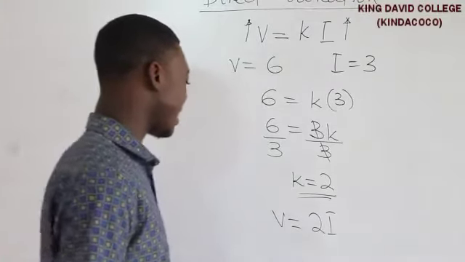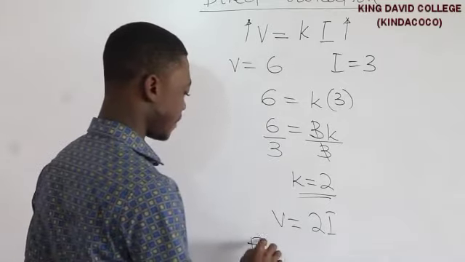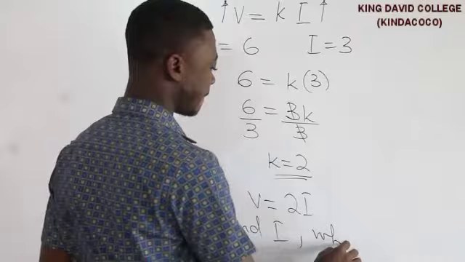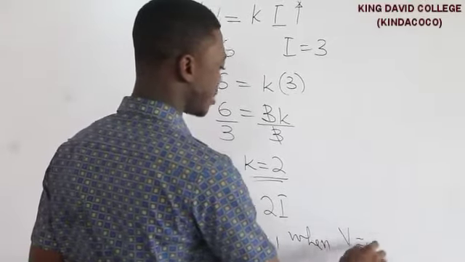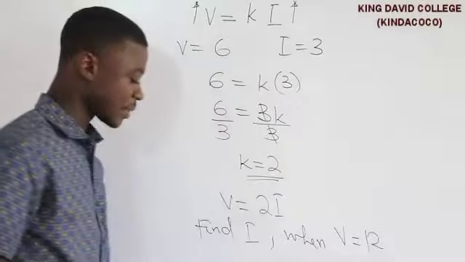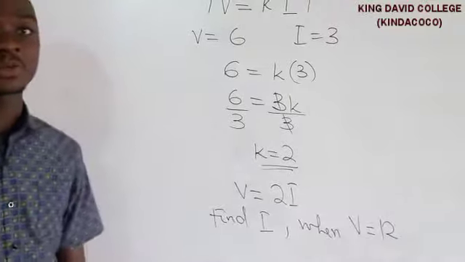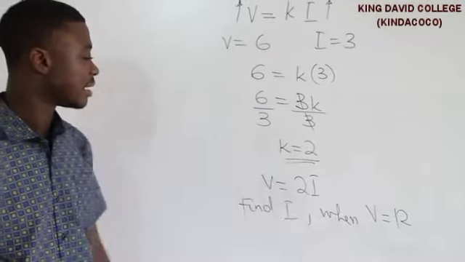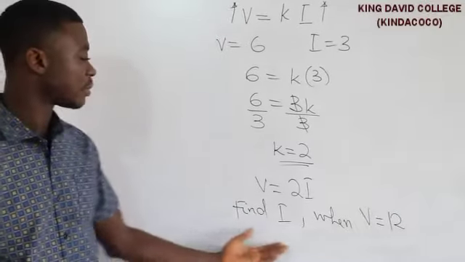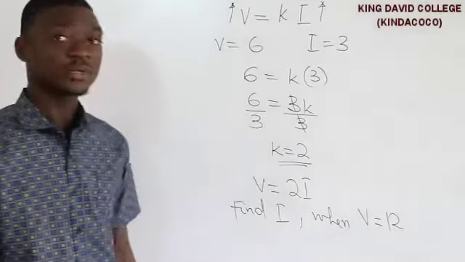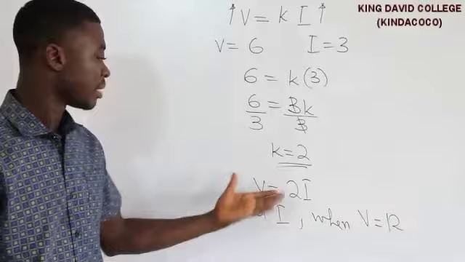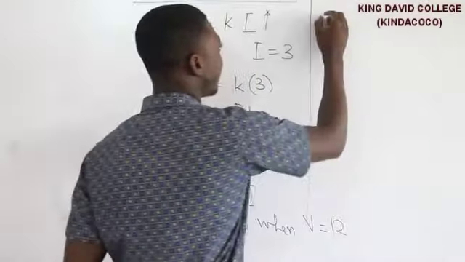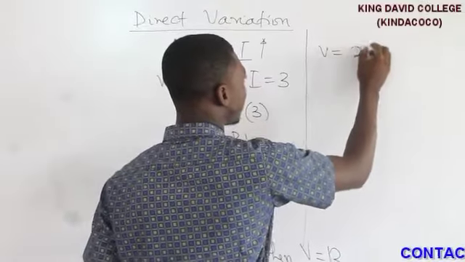So here, let's say I can ask you, find I when V is 12. So all you need to do is to put the V into your main equation, and then you have your answer. So I have my variation to be V is equal to 2I.